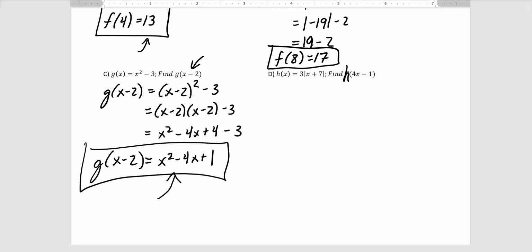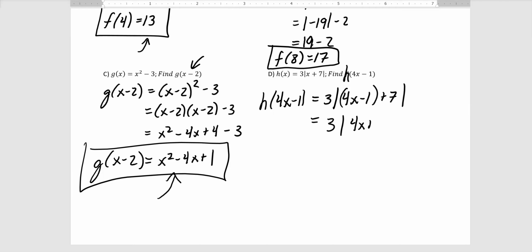So h of 4x minus 1 equals 3 times the absolute value of 4x minus 1, and then plus 7. Some of the challenge here is knowing how far we need to simplify. So let's start by simplifying inside this absolute value. 4x minus 1 plus 7. Negative 1 plus 7 becomes positive 6.